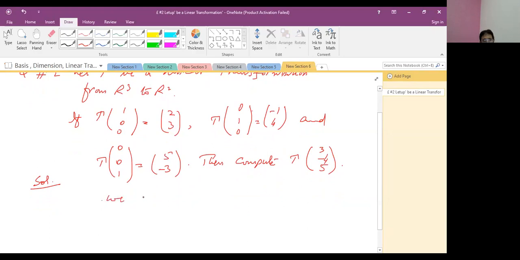We have the transformation of (3, -4, 5).